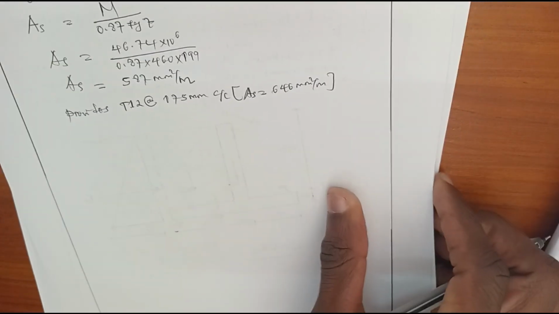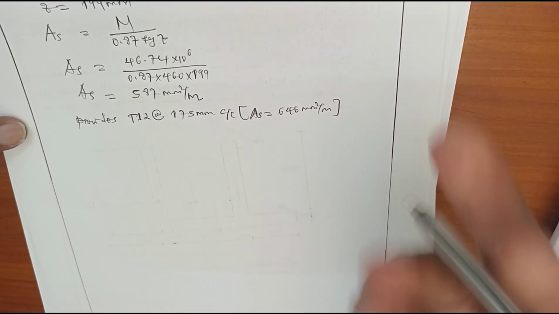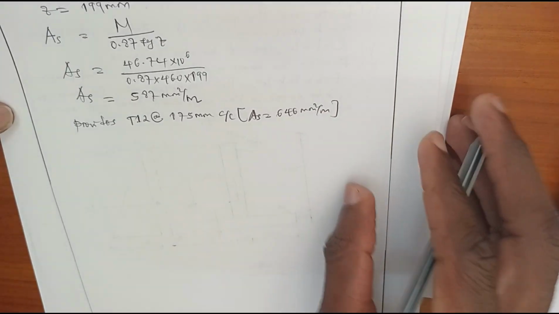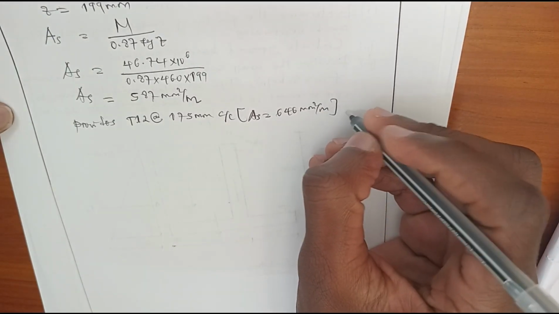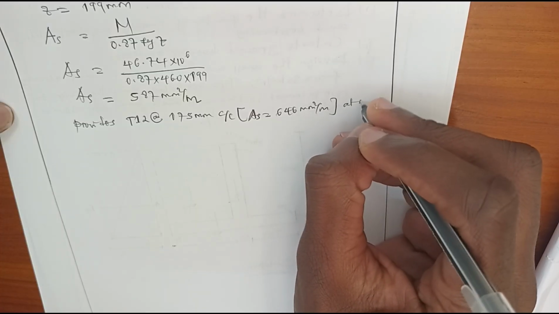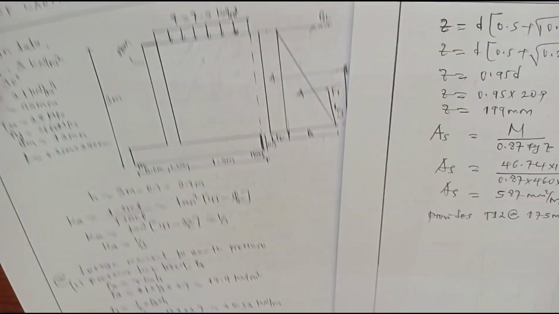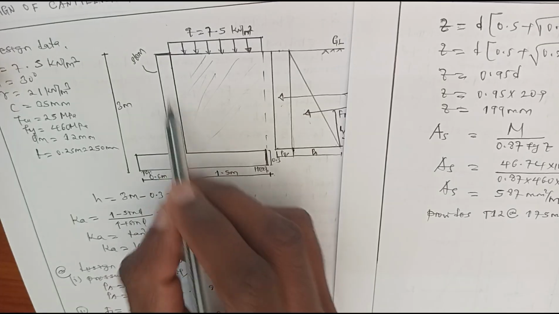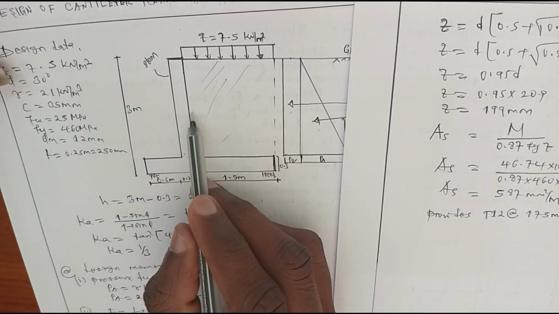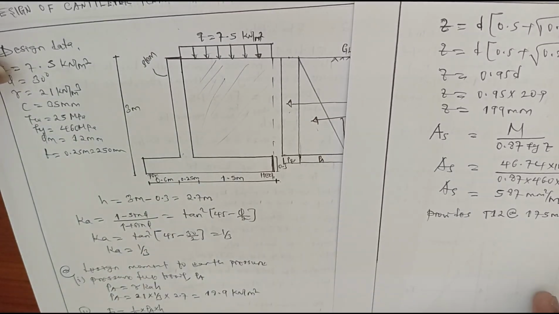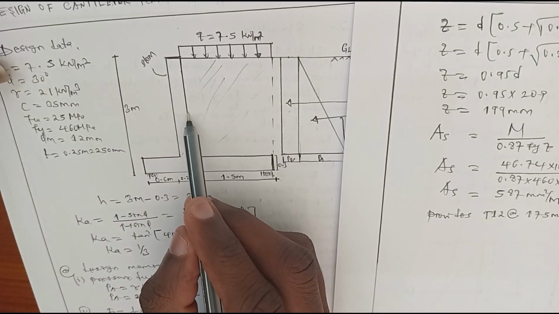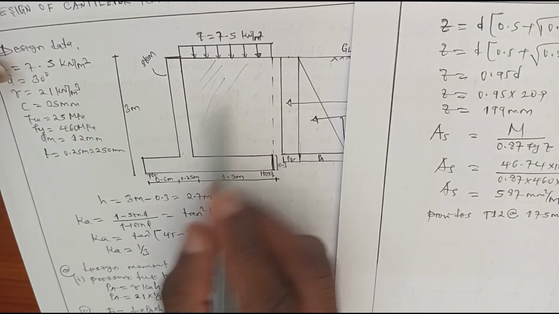This is the area of main reinforcement. This area of main reinforcement for the stem wall occurs at the near face. When I say near face for the cantilever retaining wall, near face, this is the stem. So this area of main reinforcement is provided at the near face, the side where there is soil.